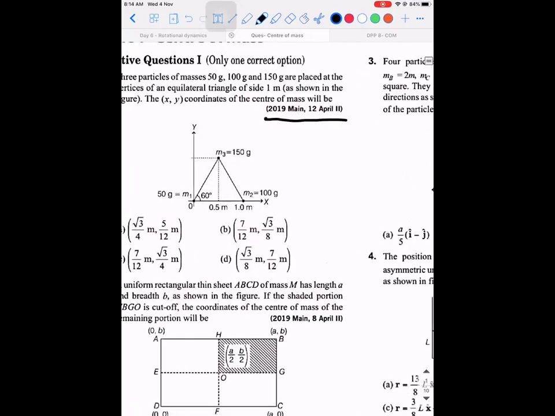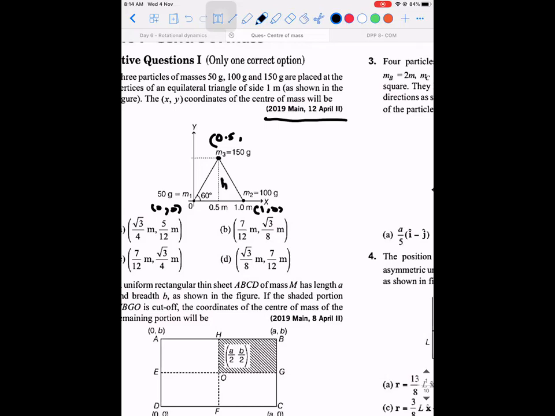So it's a 2019 question. It is 0, 0. This point will be 1, 0. How to find the coordinates of this vertex? It will be 0.5 comma. Why is it 0.5? Because that point is going to be at the midpoint of 0 and 1. 0.5 comma.